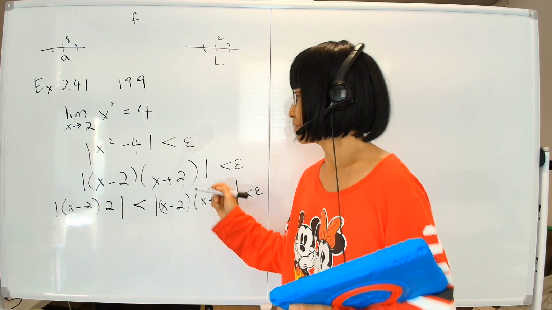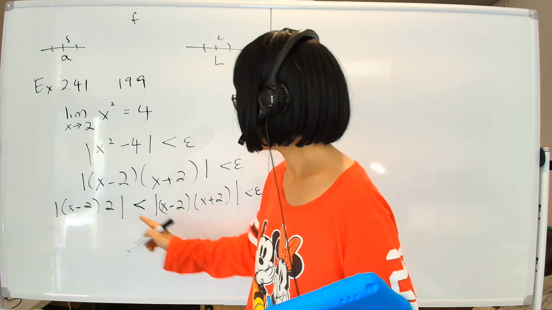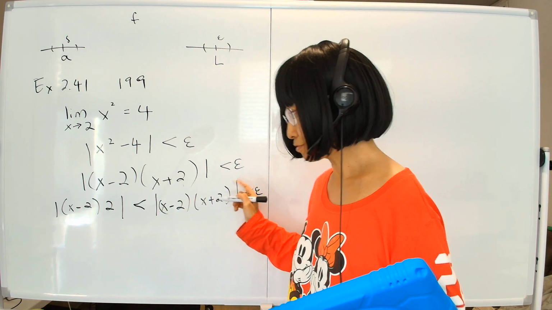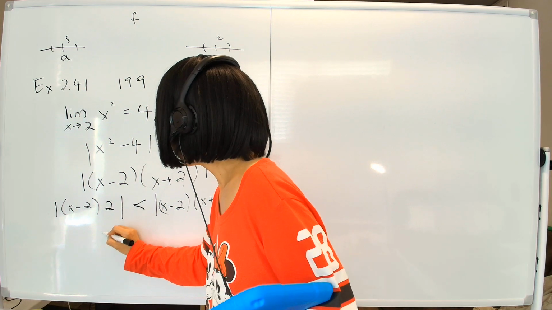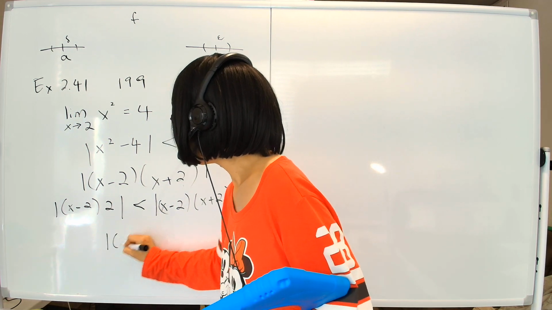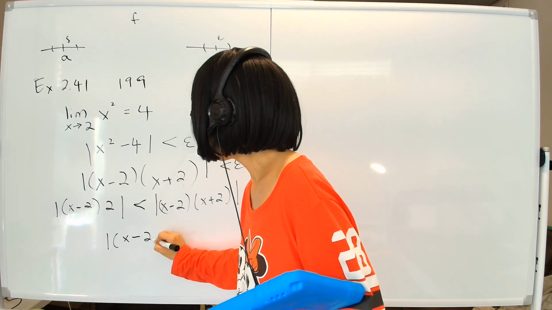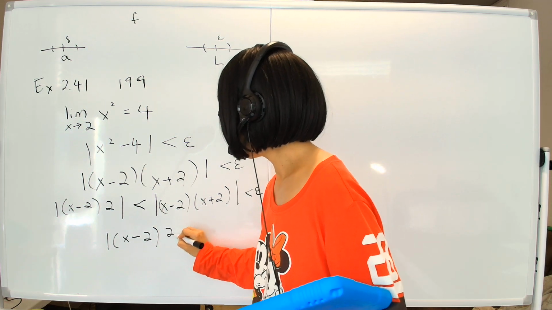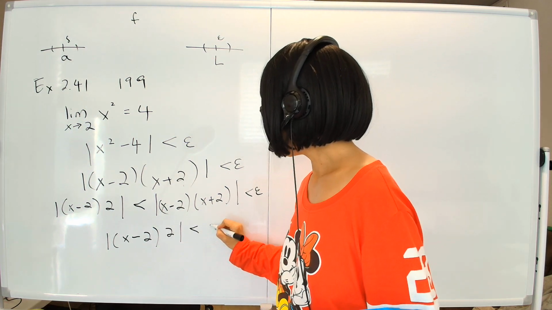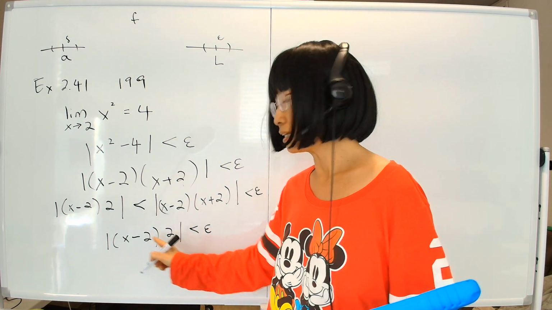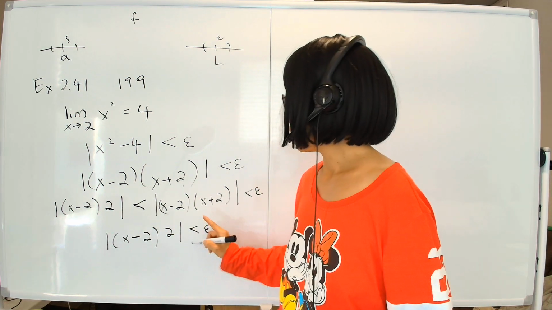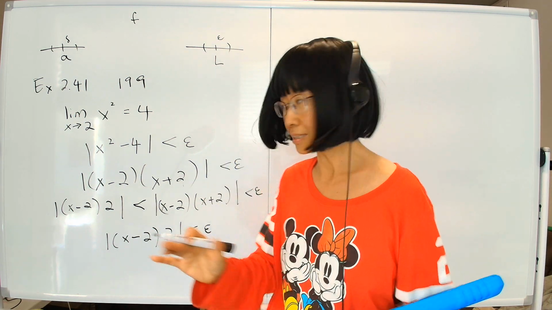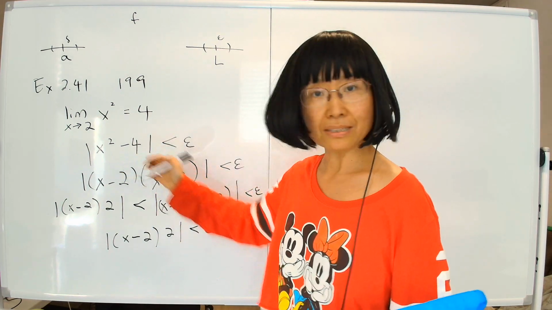All right, now having said that, I forget this thing for a second, and we focus on this. Then x minus 2 times 2 is less than epsilon. We're still trying to find something here. Where is x minus 2 going to be? We need to find the delta that makes this happen.